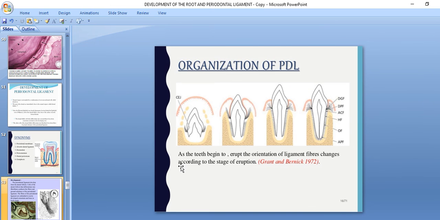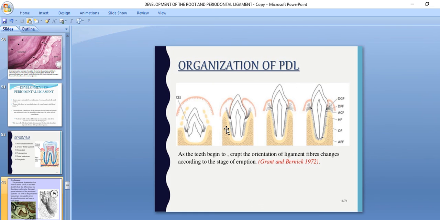And here you can see the organization of the periodontal ligament fibers. During the formation of the root and periodontal ligament, there is a dramatic increase in the number of connective tissue forming cells such as cementoblasts and fibroblasts.